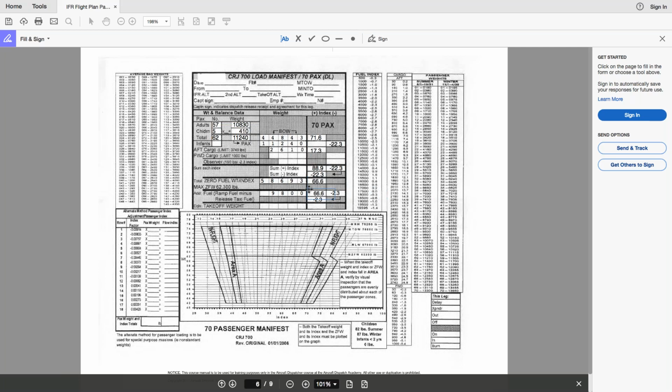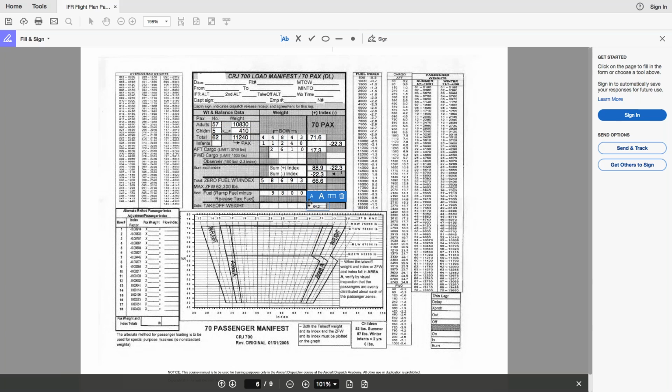Okay, now we just take that 2.3, subtract it from our 66.6 that we just moved down. And that gives us a total of 64.3.